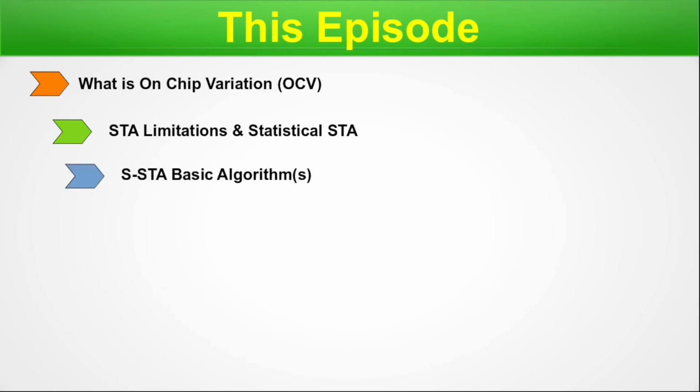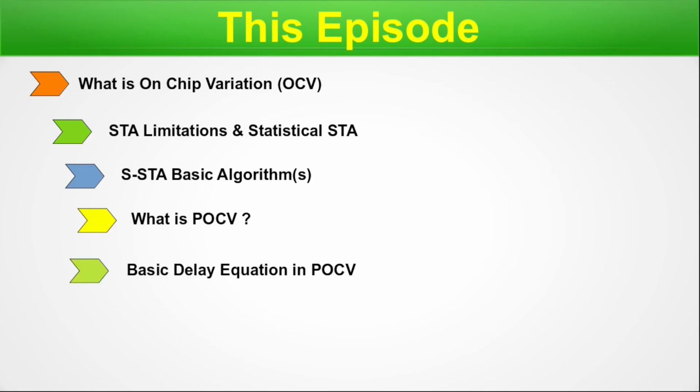Today in this episode, we will cover the below topics. First, we will discuss what is on-chip variation. Next, we will discuss the STA limitation, and from that point, the statistical STA begins. The statistical STA basic algorithm is the next thing that we are going to discuss. Then we will discuss what is POCV.